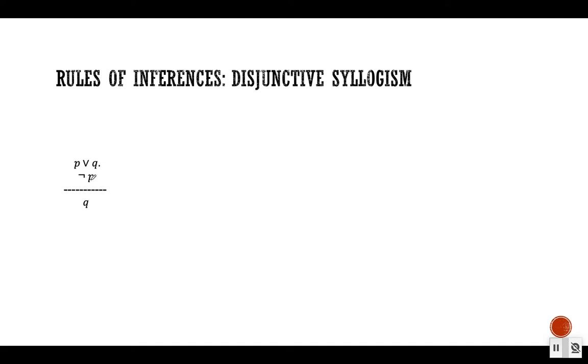Now if P is not true, what does that mean? Q has to be true. So from the first hypothesis, either P is true or Q is true. At least any one of them has to be true. Now you know that P is not true. That means that Q has to be true.